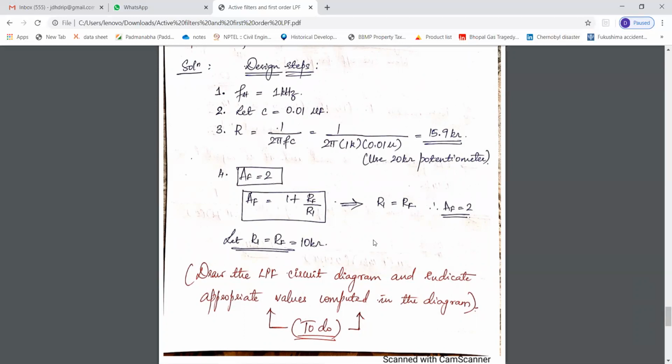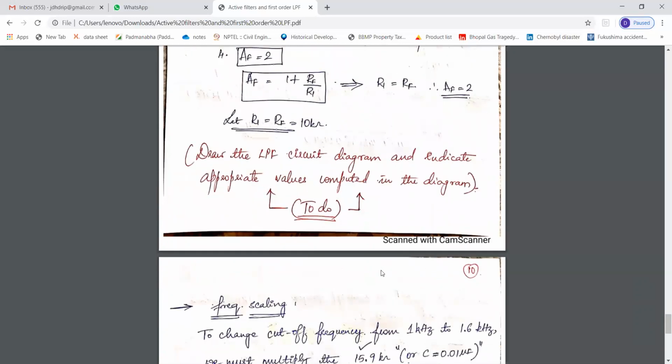So we know all the values. You are supposed to draw the circuit diagram for the low pass filter and indicate the appropriate values against the components R1, RF, C and this R. And you are supposed to plot a frequency response curve for this low pass filter also.